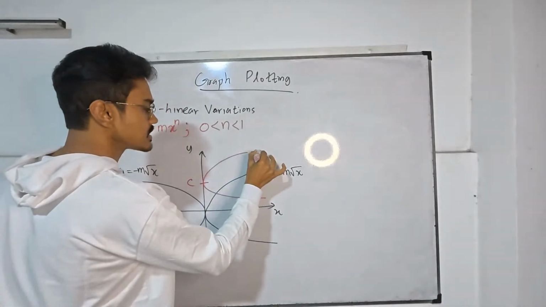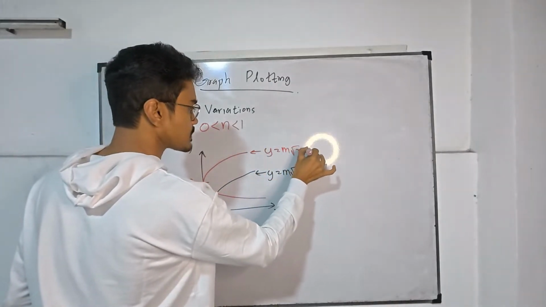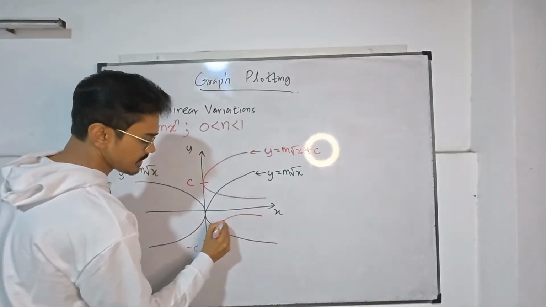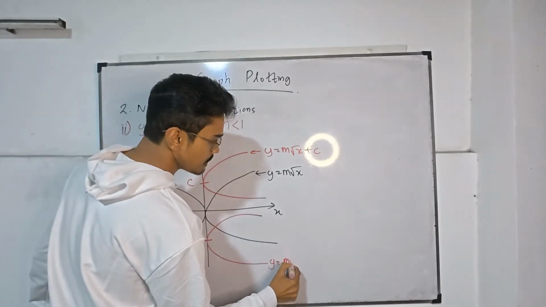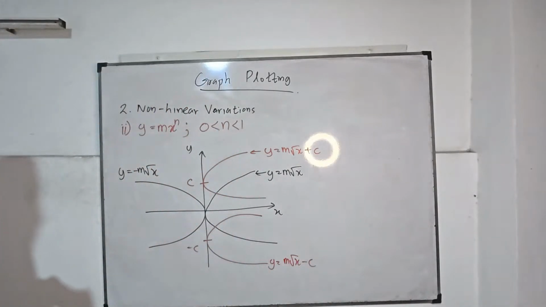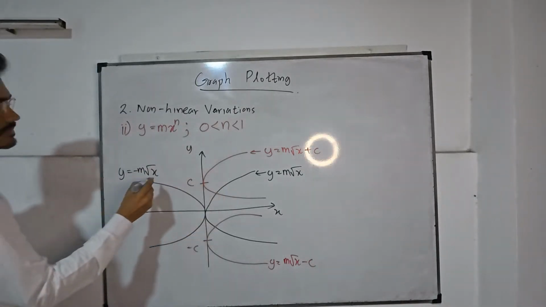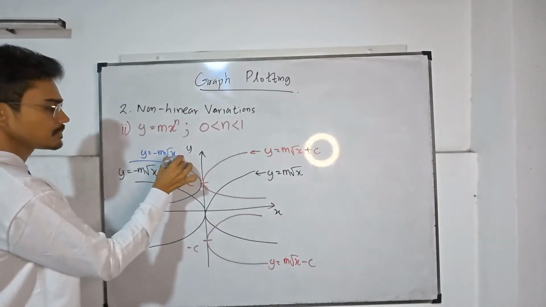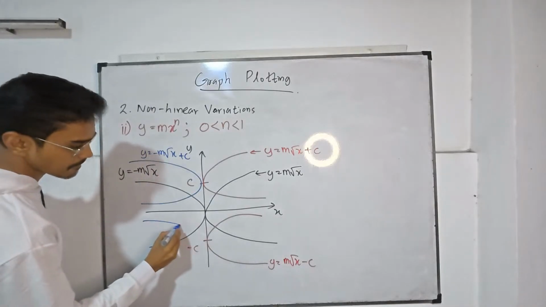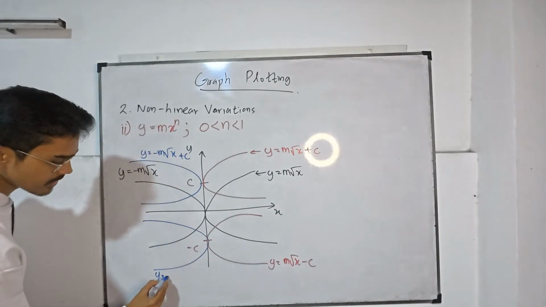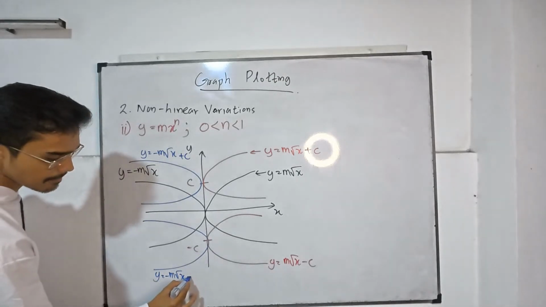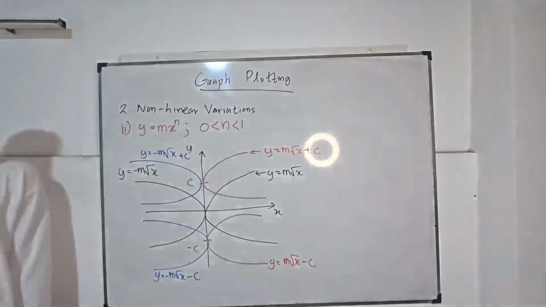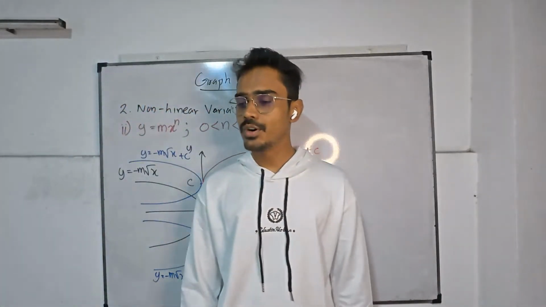If this is C, this curve is y equals m root x plus C. And if this is minus C, this curve is y equals m root x minus C. Doing the same, this one is y equals minus m root x plus C, and this curve is y equals minus m root x minus C. So these are the basic standard curves you should know from this range.